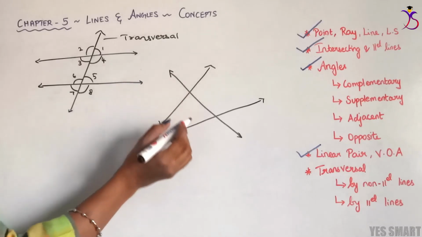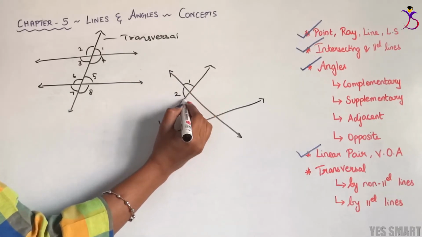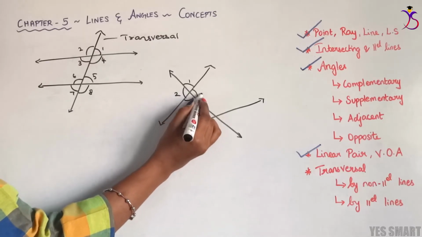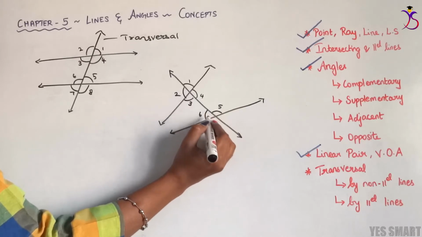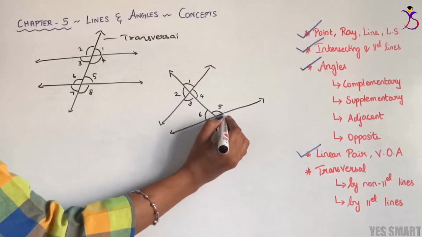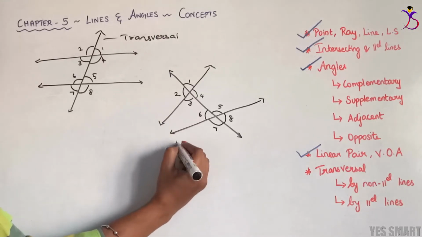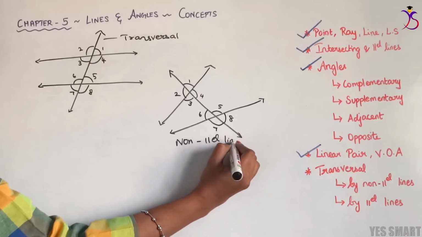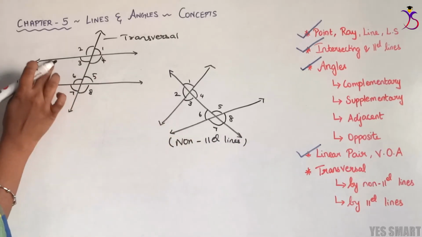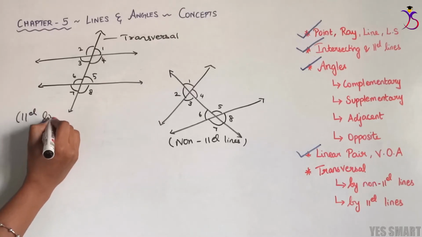Even when a transversal cuts non-parallel lines, we will have 8 angles formed here. 5, 6, 7 and 8. Here these two lines are not parallel lines and are cut by a transversal. But in this example, these two are parallel lines that are cut by a transversal.